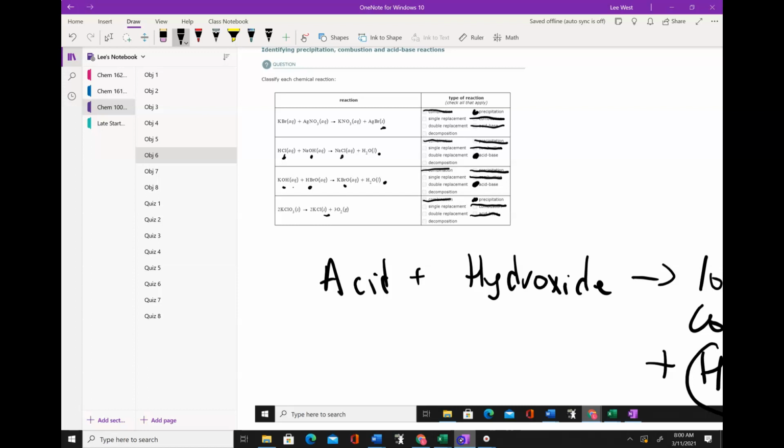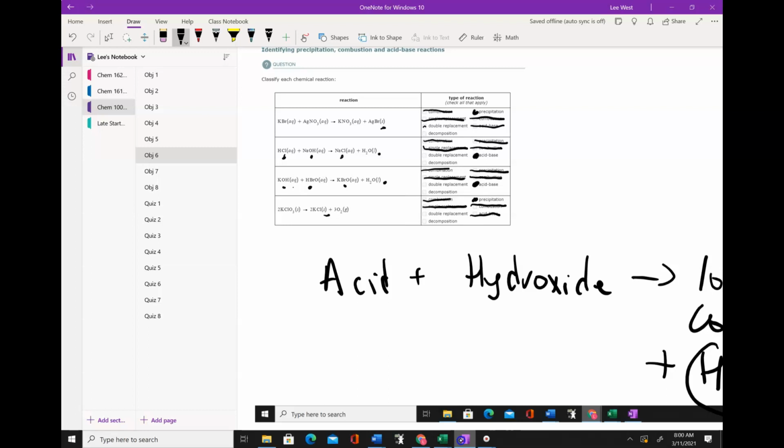Okay. Then single replacement is an element reacting with a compound to form a new element and a new compound. And none of these reactions involve the reaction of an element, so none of them are single replacement. Double replacement are two compounds reacting to form two new compounds.